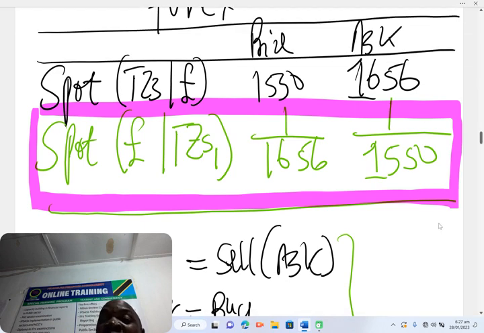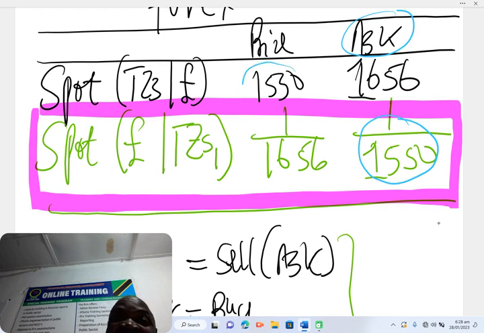So, a bank will select the ask rate. You see? And this rate, it is this rate here. And if you want to understand more, this rate corresponds to this rate here. They are the same.